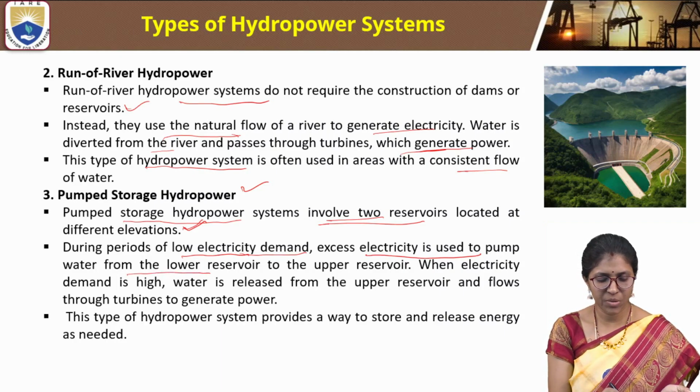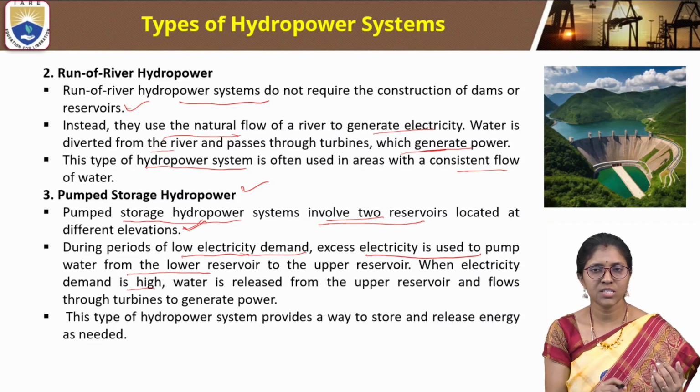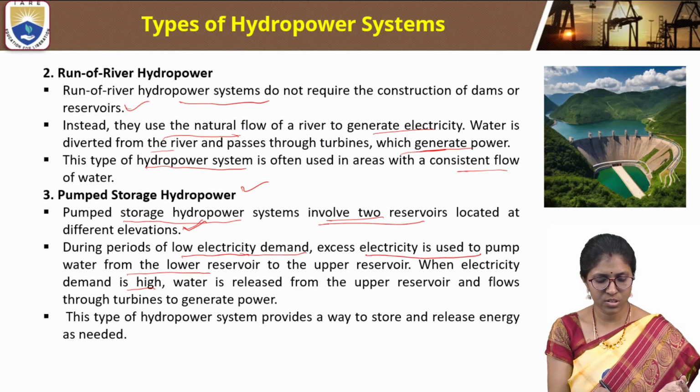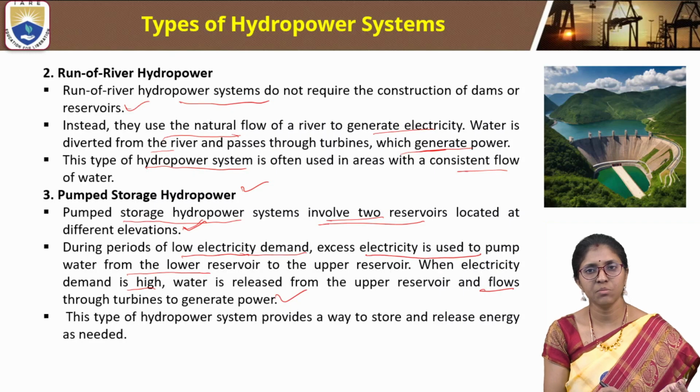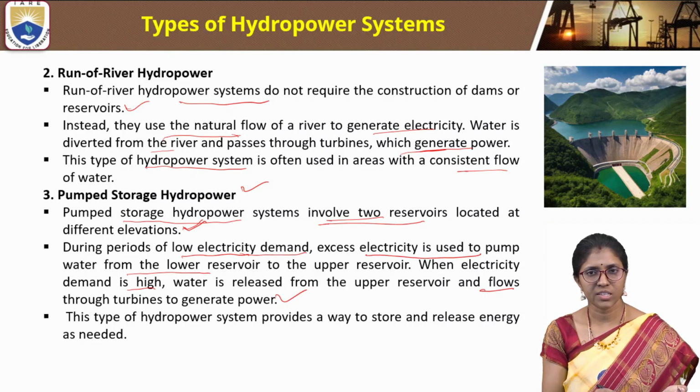When electricity demand is high, the water is released from the upper reservoir and flows through turbines to generate power, that is electricity.